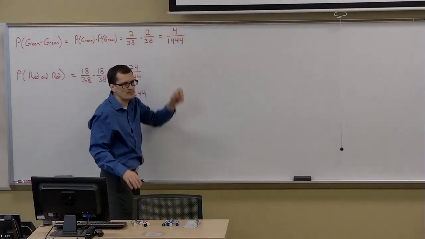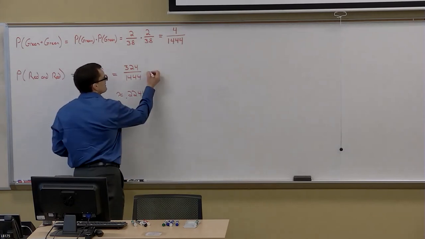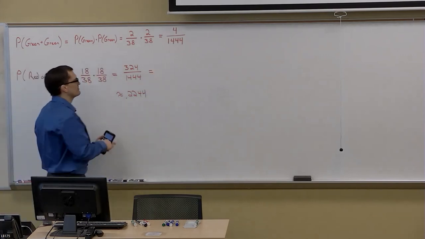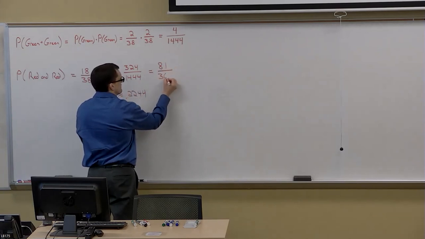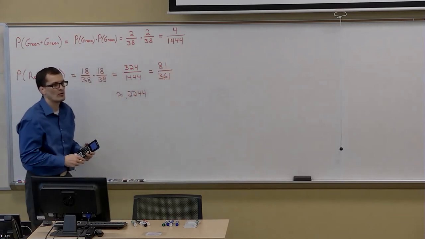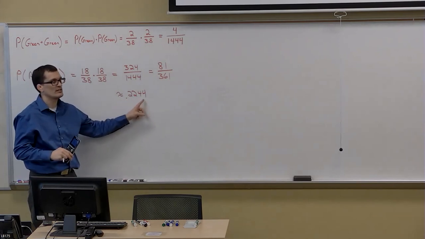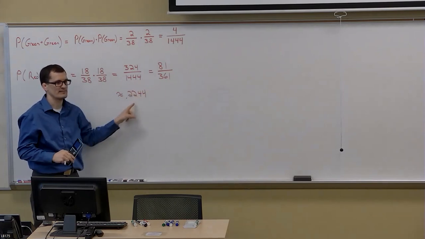Okay? And the only reason I say that is if you're looking up some answer key somewhere and you got 324 out of 1444, and on some answer key you see it as 81 over 361, or on some answer key you see it as 0.2244, don't be thrown off. All three of these numbers are essentially the same.